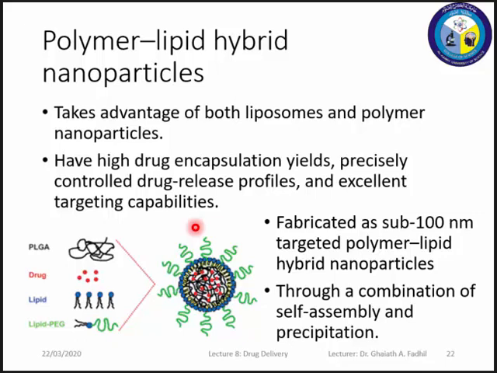They provide us with precise control of the drug release, and they are very efficient in targeting the tissues that we are aiming at. They are mainly sub-100 nanometers in size, and it's possible to create them through a combination of self-assembly and precipitation.